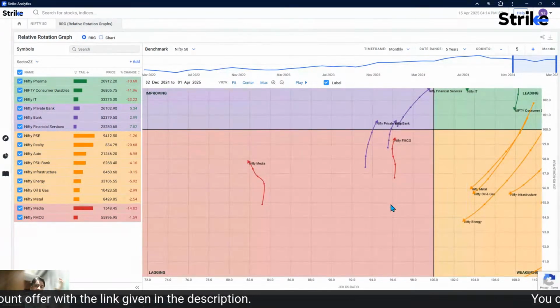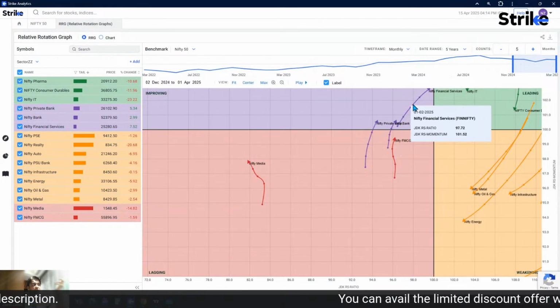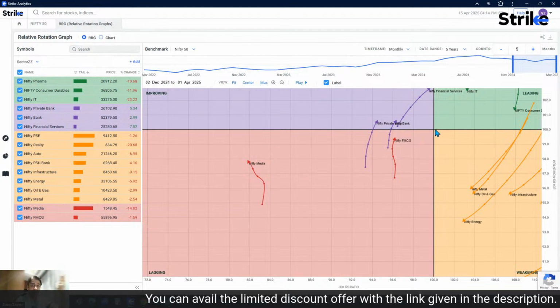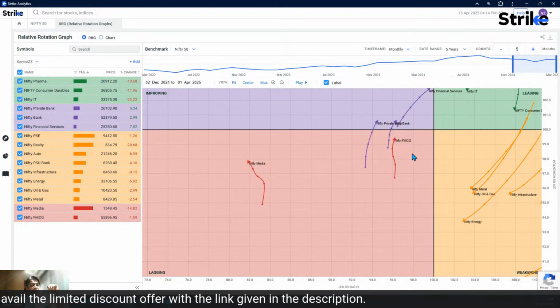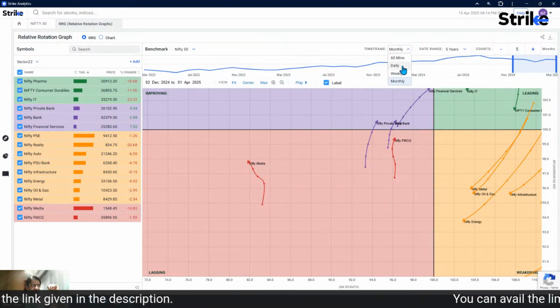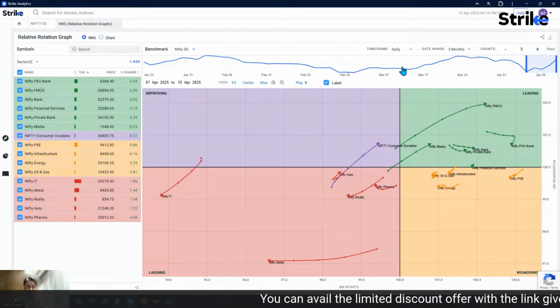It may take 4-5 months or 6 months for it to come up slowly over here and get into the leading quadrant, and probably at that time it may outperform. It is very slow, the monthly chart becomes very slow. So as an investor, you use two time frames, daily and weekly. That is a good thing.